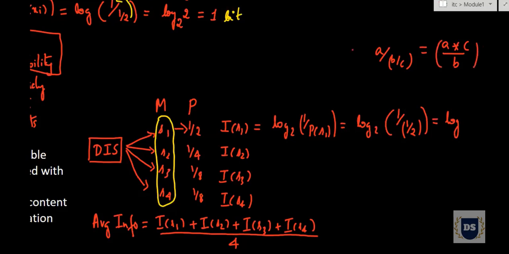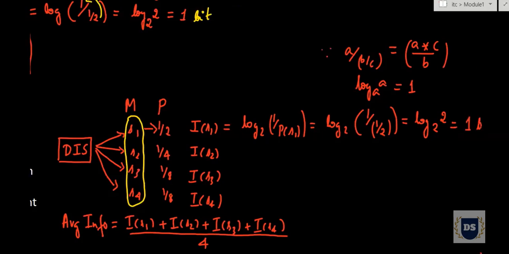So I have log to the base 2 of 2, and one of the logarithmic identities says that log to the base a of a equals 1. So this is 1. Because we used base 2, its unit is 1 bit.